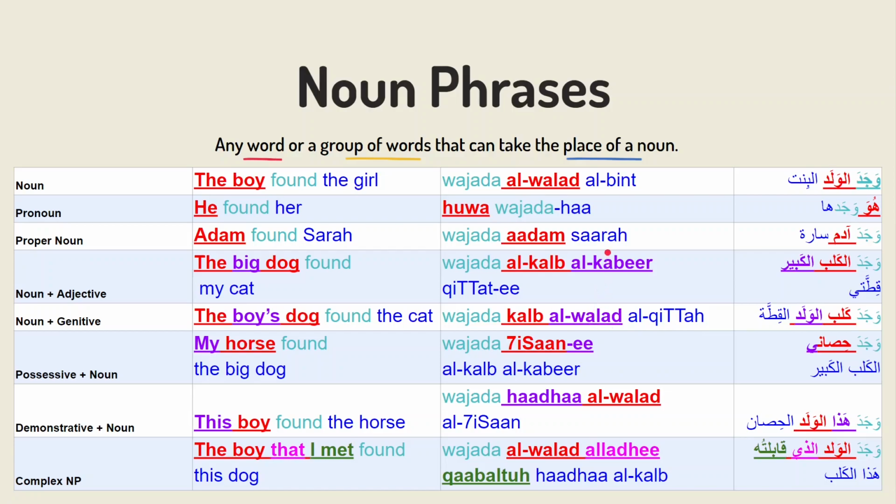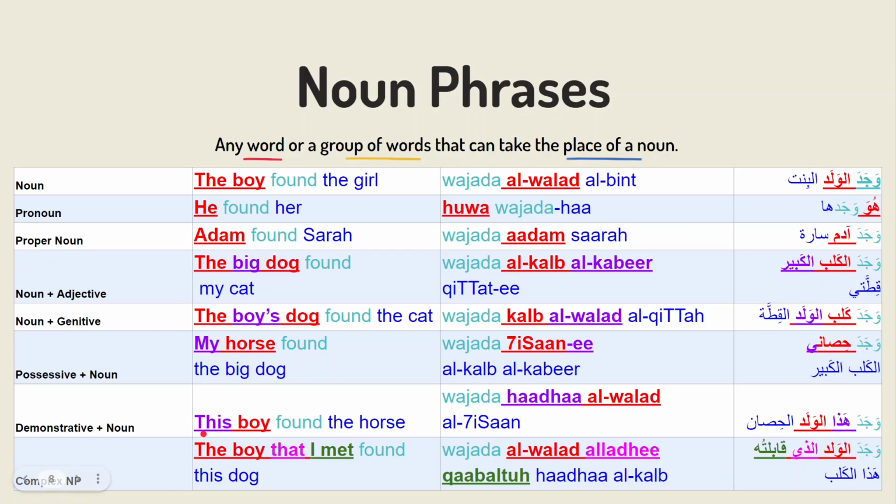So the point of all of these examples is that you can put any noun phrase in either position and it works pretty well. So let's go to the next one. So my horse found the big dog. وجد حصاني الكلب الكبير.